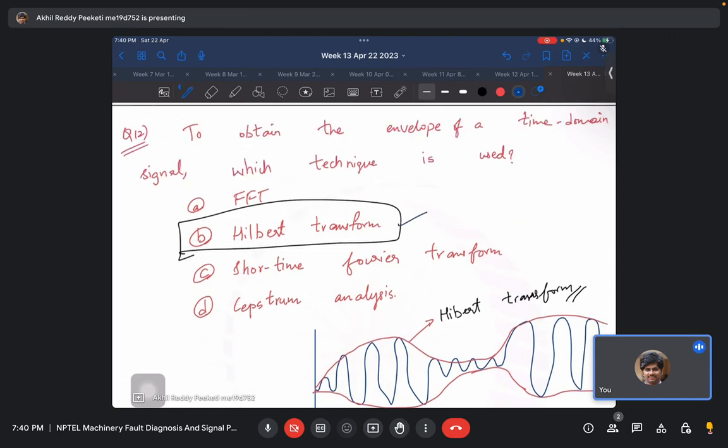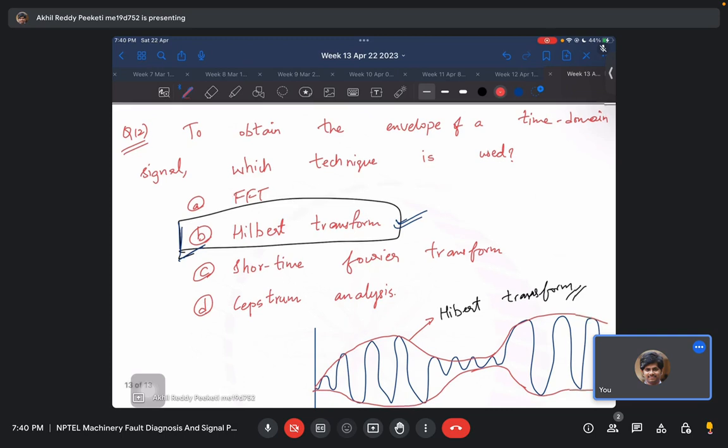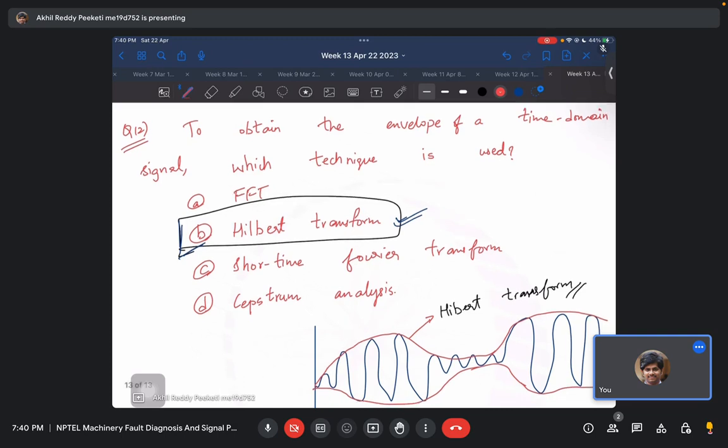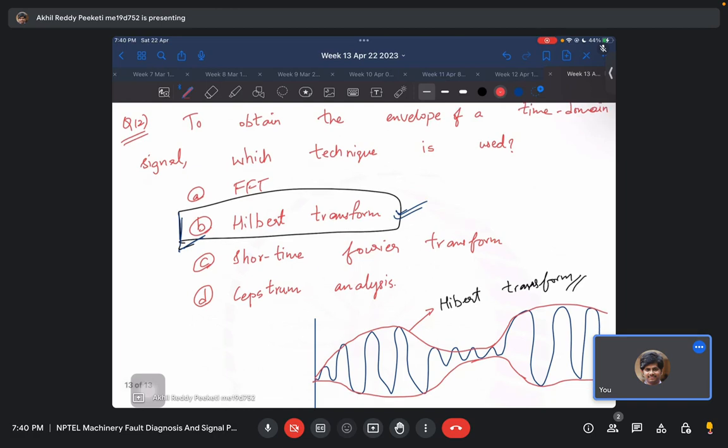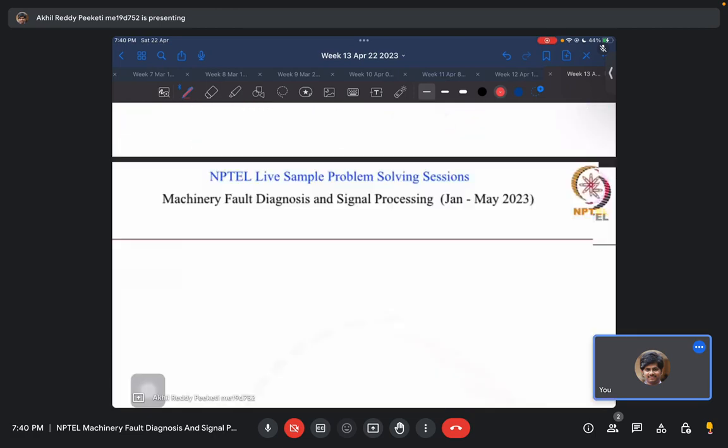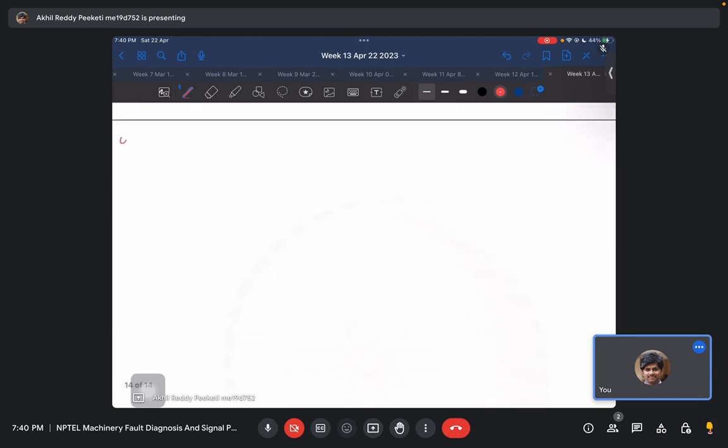So the answer is Hilbert transform. This is the one through which you can get the envelope of a given signal. Okay, let's move to the next question.